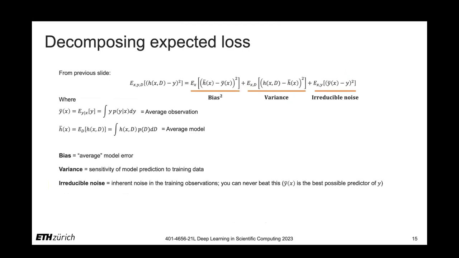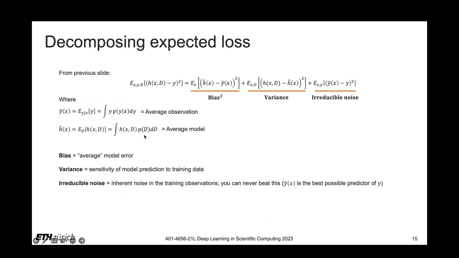Okay, so let's think about what those three terms mean. The thing on the left is the expected loss between the neural network and the true data points that we have. The first one is the bias, and h bar as a function of x here is the average model. It's the trained neural network for a given data set, averaged over all possible data sets.